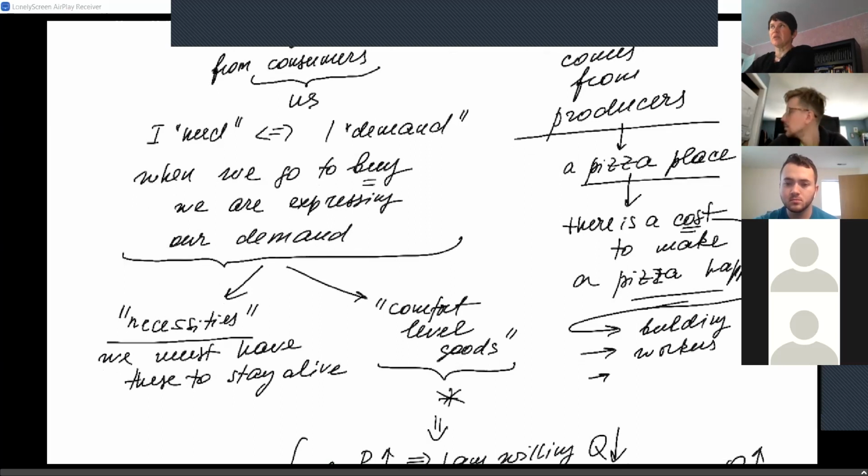Now, in that building, you have to have electricity. You have to have running water, heat. Then, of course, flour, right? To make the dough. Cheese, mushrooms, onions, pineapple, ham, sauce, tomato sauce, all the ingredients needed for pizza.